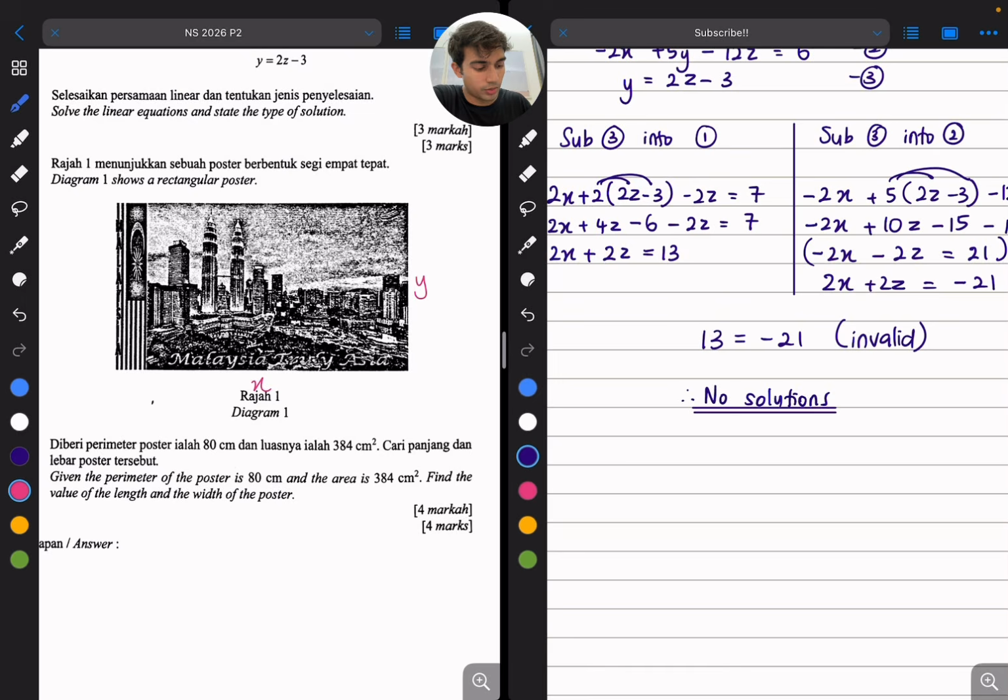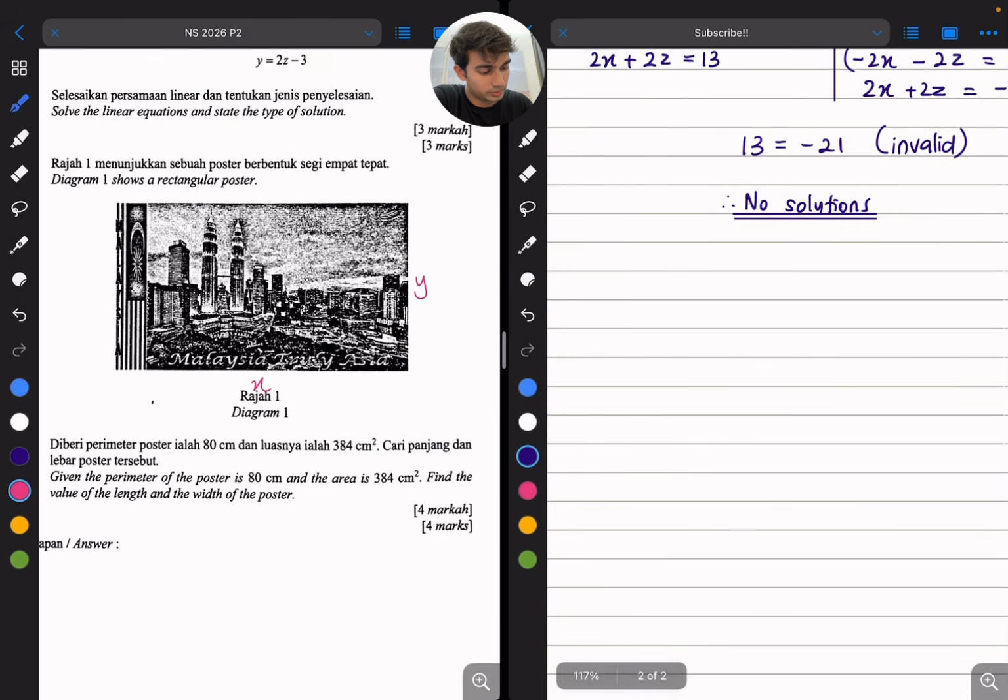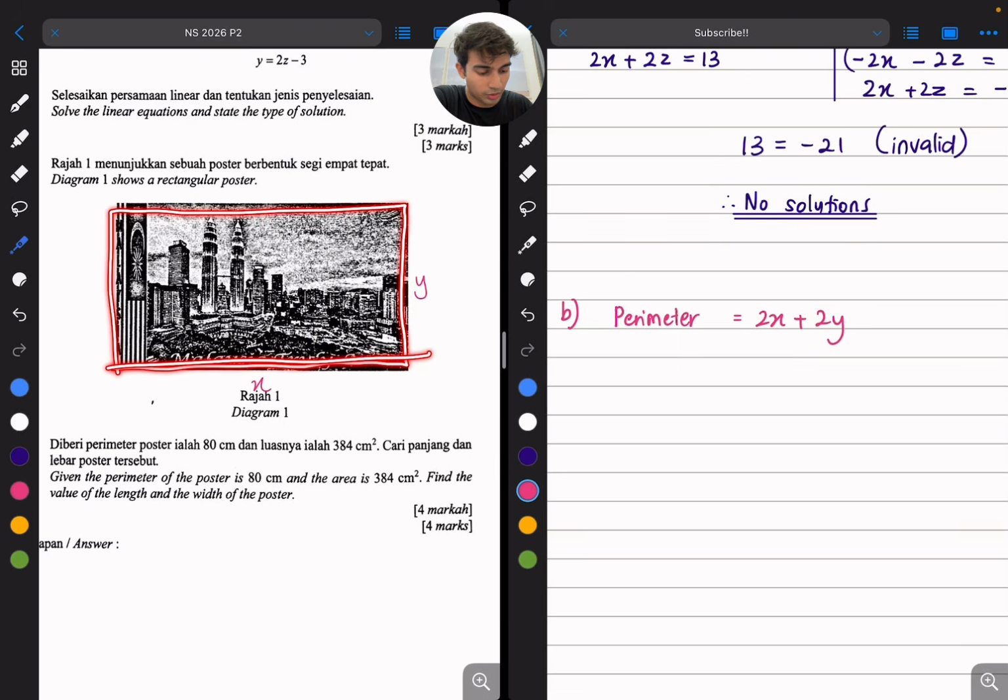So the perimeter will be 2x plus 2y, because you have to add all the sides to get the perimeter. So we have 2 x's and 2 y's. So 2x plus 2y equals 80.